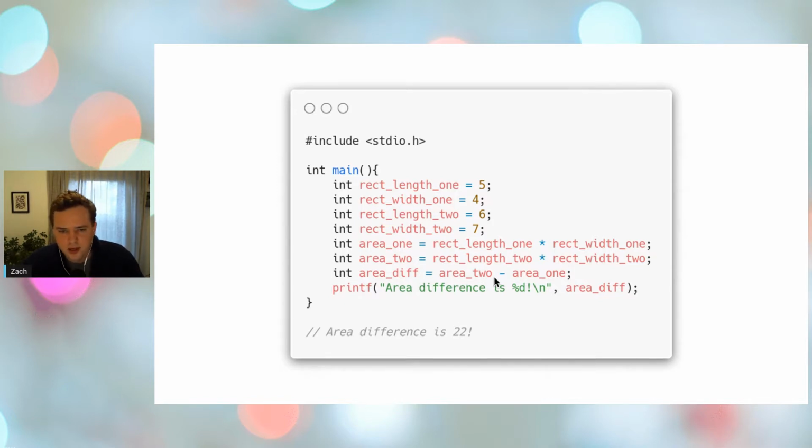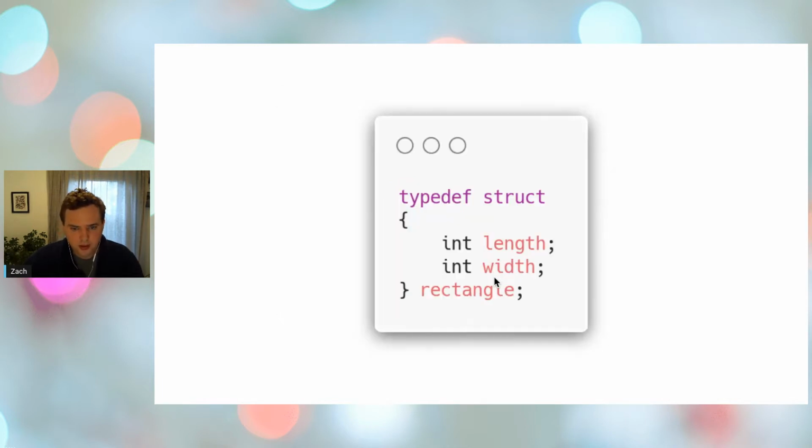You can see how, as you get more and more complexity, you've got more and more variables to keep track of. A big improvement over a program like this can be made using the struct feature in C. In C, you can use this syntax to say, here's a basic compound data type that is going to hang together. It's called a rectangle. It has two integers, one called length and one called width.